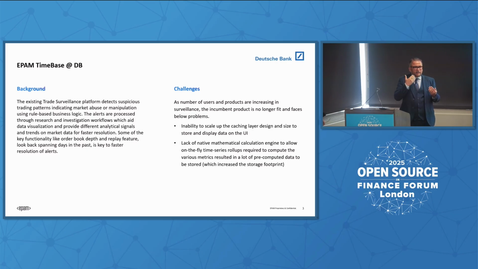So one explicit technical challenge we had was that as the scope, the product classes and the volume of data started growing, the incumbent caching solution we had in the bank, which was supporting the end user application for investigation by analysts, started having performance issues. The key challenges were that it was not able to do on-the-fly mathematical calculation, which means you need to pre-calculate everything and keep it in memory.